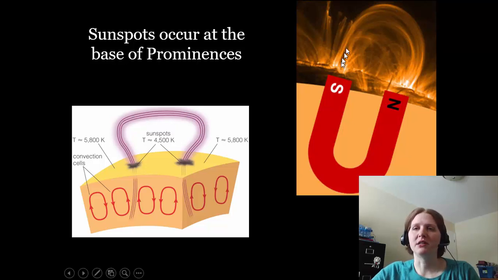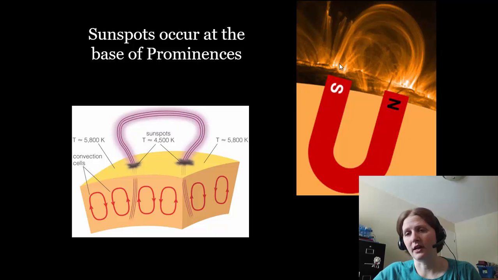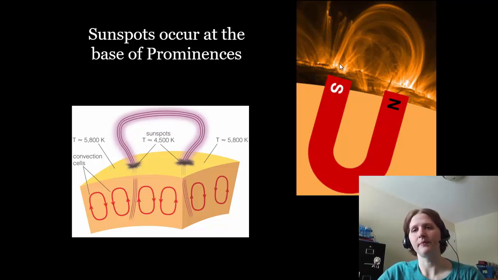And so the hot plasma gets trapped in this arch, and you can see that in the ultraviolet usually. And we call that a prominence. So here is a prominence. It's a visible magnetic field of the sun, visible because there's hot gas trapped in it.